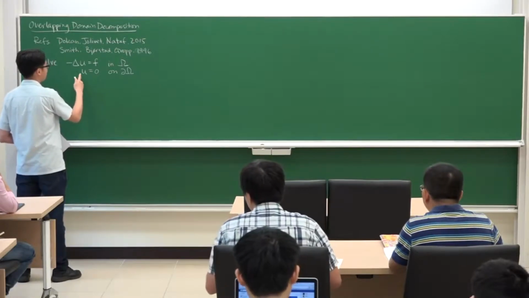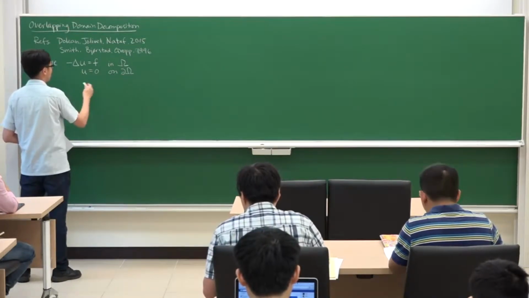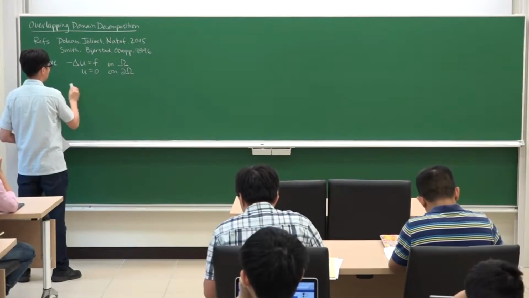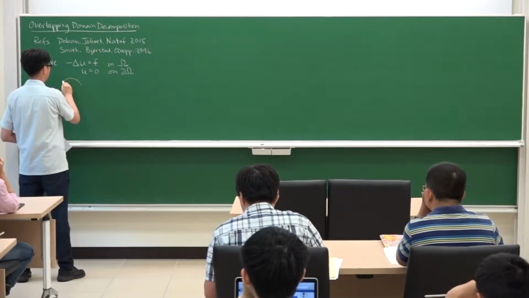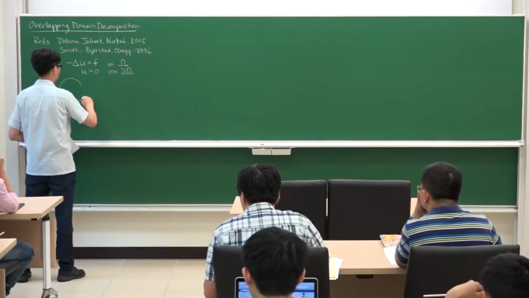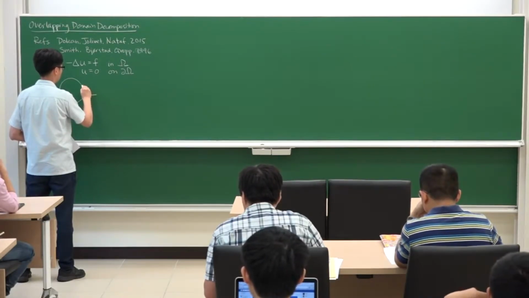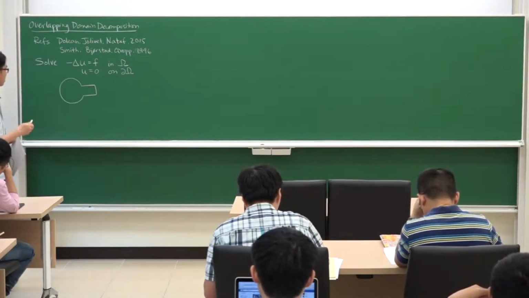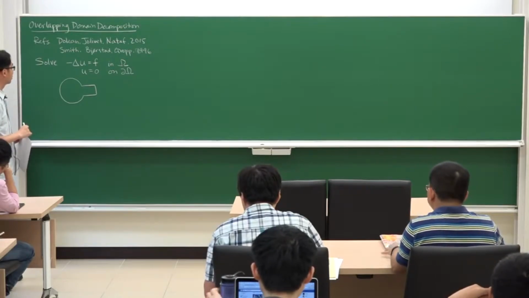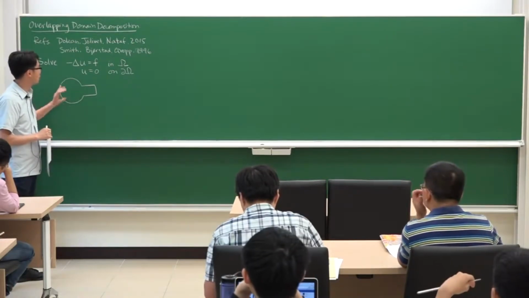The domain that we're going to use is going to have this weird shape. It's a keyhole shape. So instead of a square or circle, we're going to try to solve this differential equation on this keyhole shape.